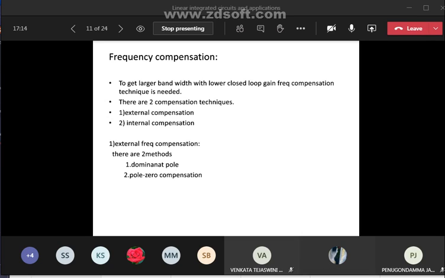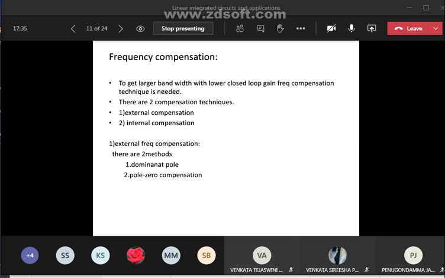First of all, what is meant by frequency compensation? An op-amp circuit with a single break frequency is stable.